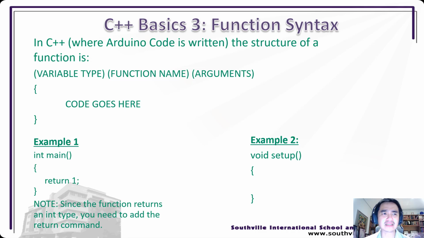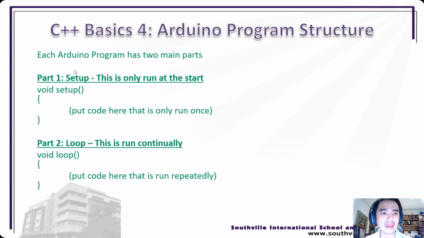Function syntax, kind of what every C++ function looks like. And here, this is our Arduino code part. So this is what every piece of Arduino code looks like in real life, not in Tinkercad. You'll have a void, 2 parts, void setup. So there's no return function. You don't have to return anything because it's void.